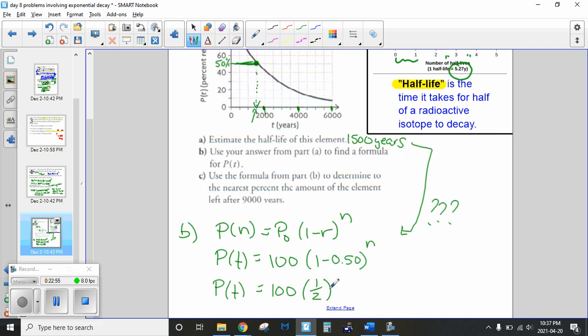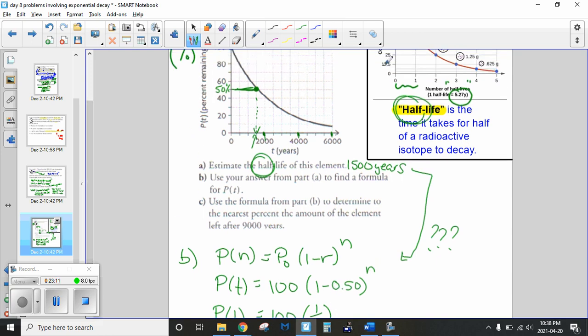So weird to change from decimal to fraction, but half-life, half as the base. We can start with that from now on, knowing that the base is going to be a half for a half-life question. And the exponent is the number of times we have decayed. So 1 decay period, 2 decay periods.